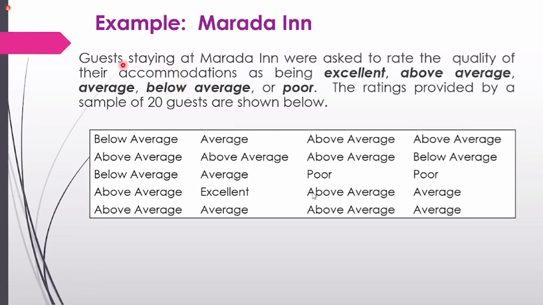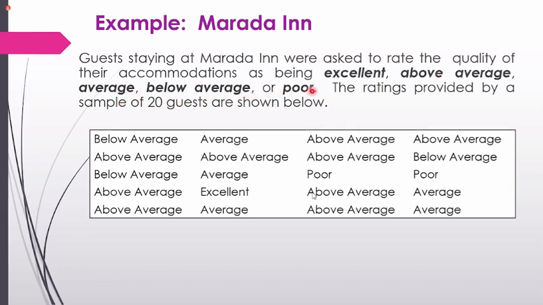Here we have a hotel. Guests are staying and they were asked to rate the quality of their accommodations. This quality of accommodation is measured as excellent, above average, average, below average, or poor.